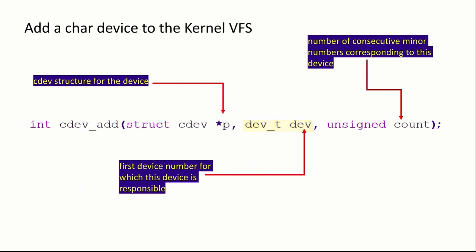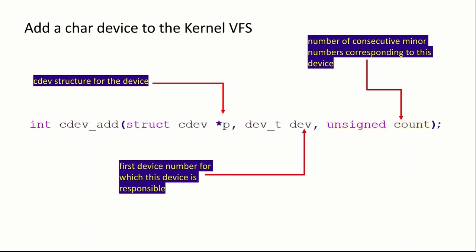That you need to mention here. And the third argument is the number of consecutive minor numbers corresponding to this device. So in our case, this would be 1 because there is only one device, isn't it? We have got only one device, only one minor number. That's why this should be 1 in our case.